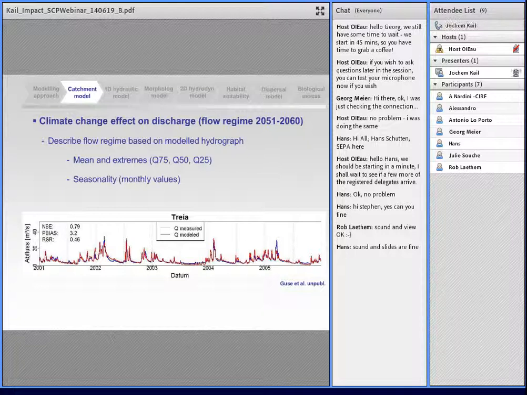The ones we used are the mean discharge and the extremes, so some values for the low flow and some for the high flow. We calculated these values not for the whole year, but as monthly values, so we considered seasonality. But if you have other research questions, you can also use other hydrological variables you are interested in this modeling framework.